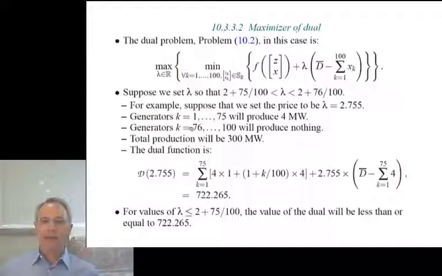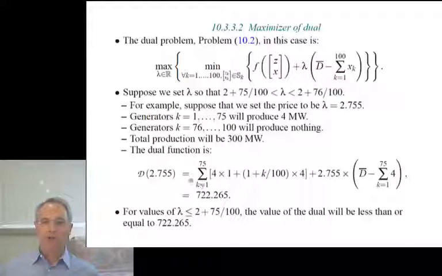On the other hand, it's below 1 plus beta k for k equals 76 through 100, and consequently the total production will be 300 megawatts.